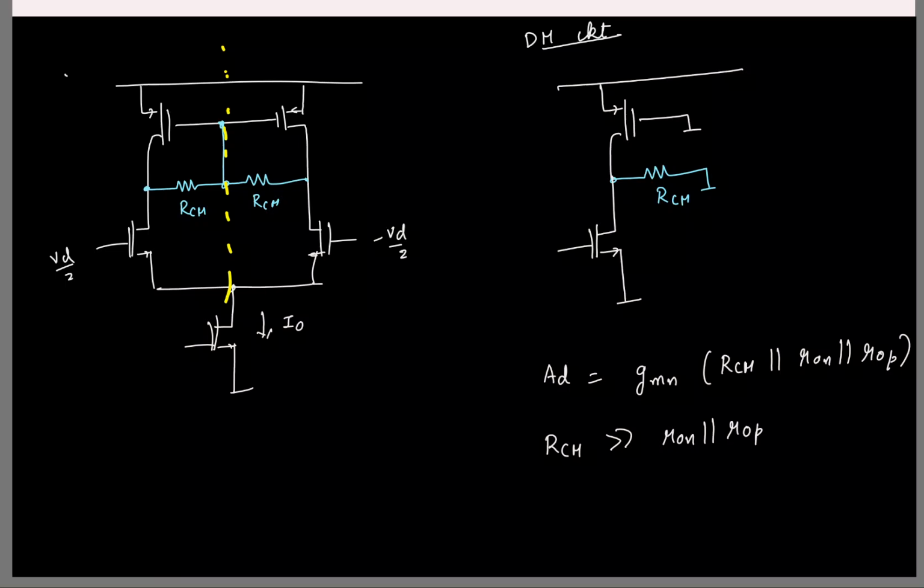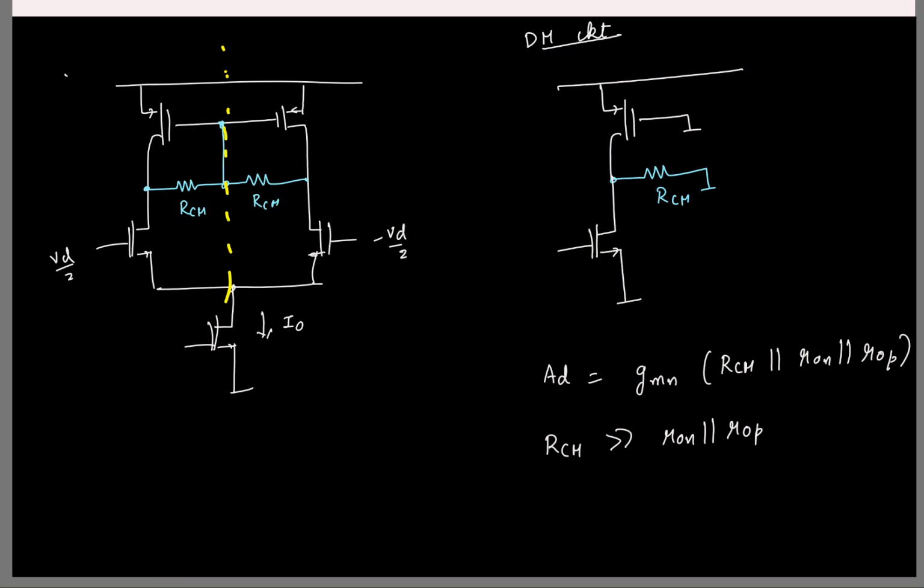Sorry? How will you implement it on the chip then? Yeah, so that's the point. If you have a very large resistance, it is going to take a large area on chip. So even the capacitance it forms with respect to ground will also be larger.